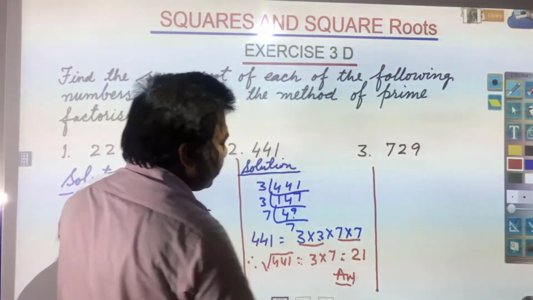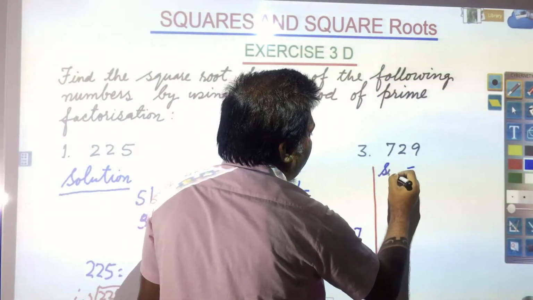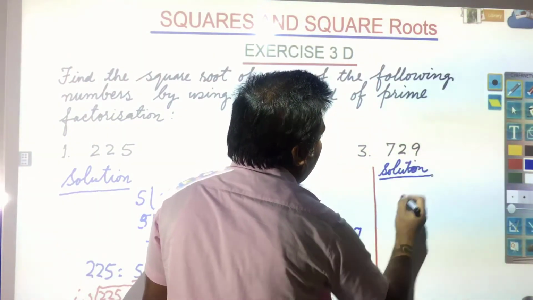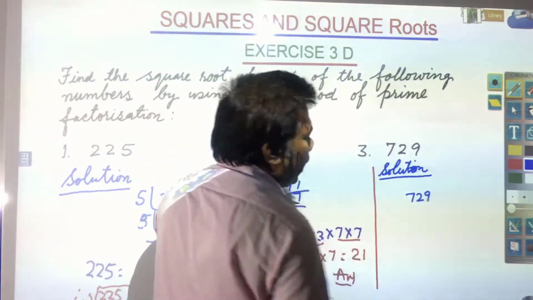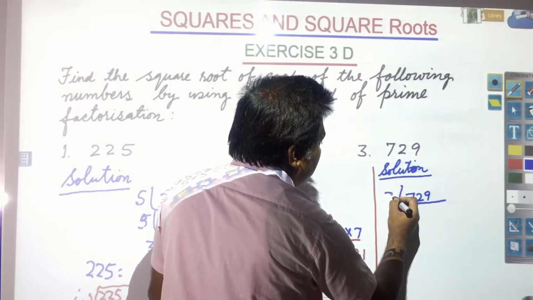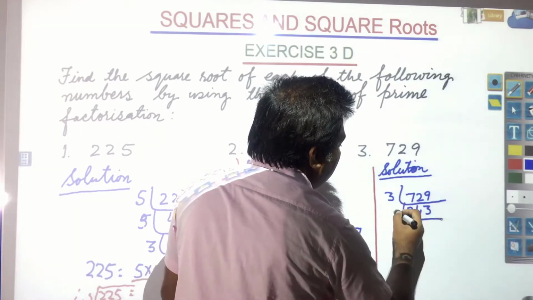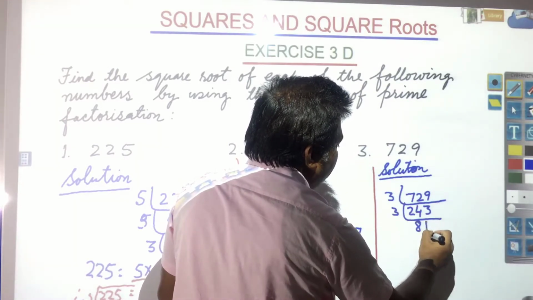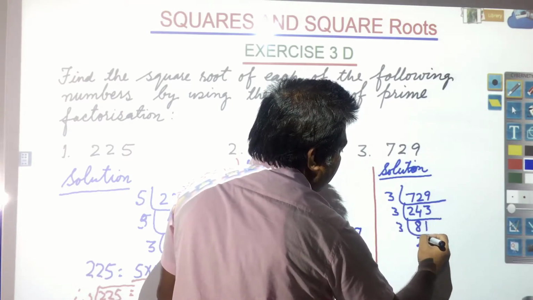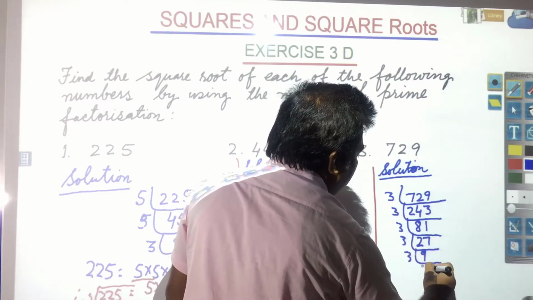Next you see, you have 729. In the same way this is also required to be done. 3 2s are 6, 3 4s are 12 and 3 3s are 9. 3 8s are 24 and 3 1s are 3, 3 2s are 6 and 3 7s are 21, 3 9s are 27 and 3 3s are 9.